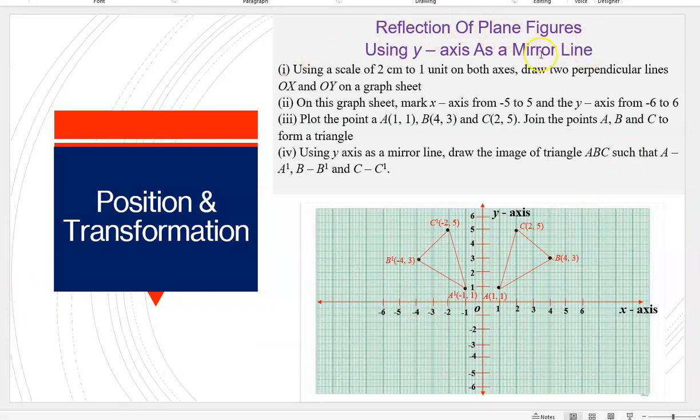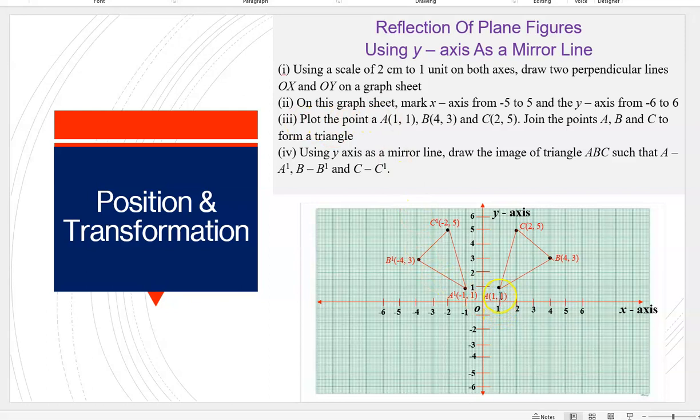Reflection of a plane figure using y-axis as a mirror line. Now, this is a complete question. And so we are going to plot these points using y-axis as our mirror line. So first, A is (1, 1).